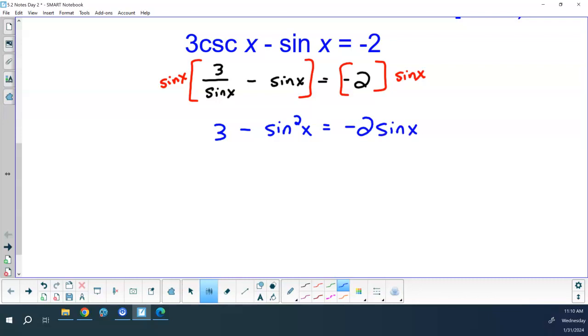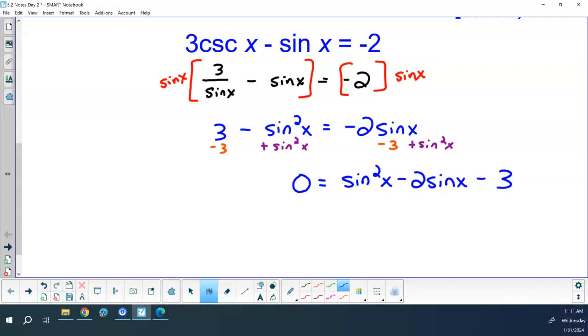Okay. Now, as we stated earlier, let's get it equal to 0. I'm going to subtract 3 from both sides. At the same time, I'm going to add sine squared to both sides. So then that is going to give me 0 equals sine squared minus 2 sine minus 3.